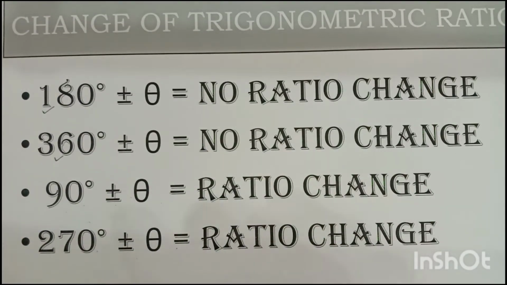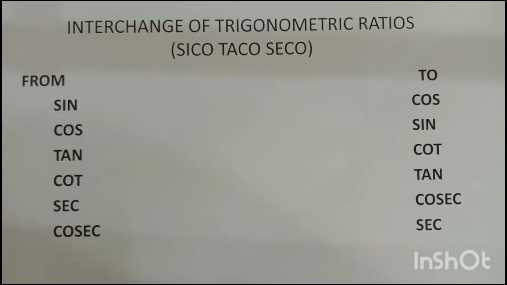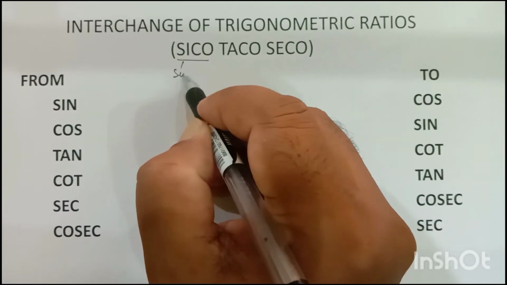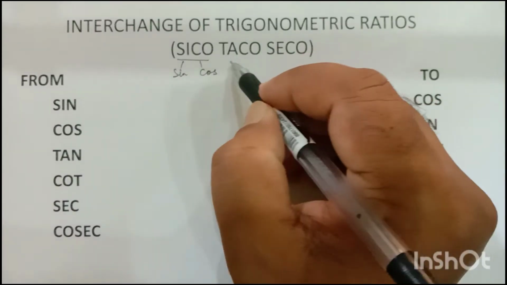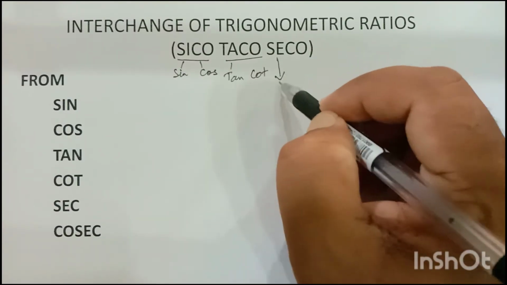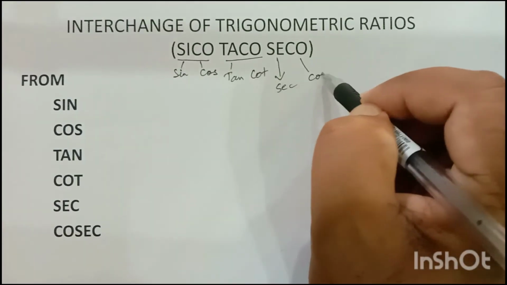Now let's see how the ratio changes, from which ratio to which ratio. So this is SECO. SI means sine, CO means cos, TA CO means tan, cot, SE CO means sec, cosec.